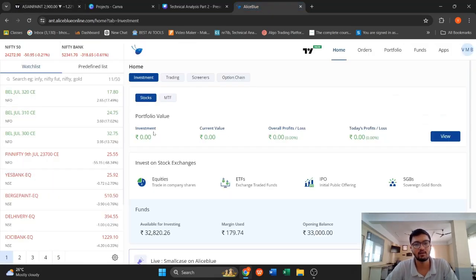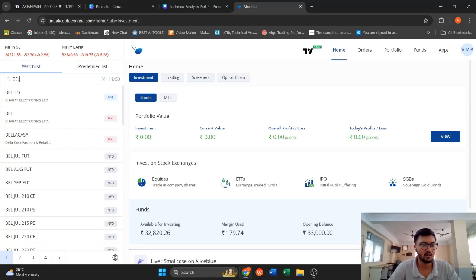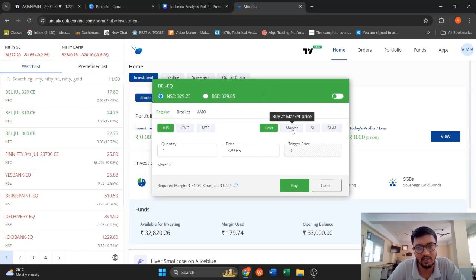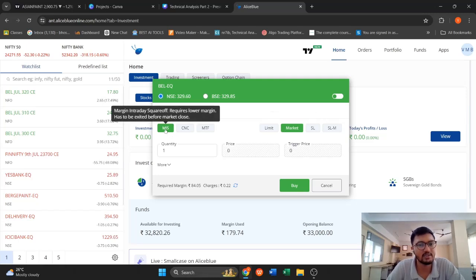Let's come straight to the trading platform, and I'll give you an example with BEL. So we'll go for buy. Here you can buy or sell the stock. Right now it is market hours, so I'll be able to place the trades. When I'm putting a market order, this is intraday.